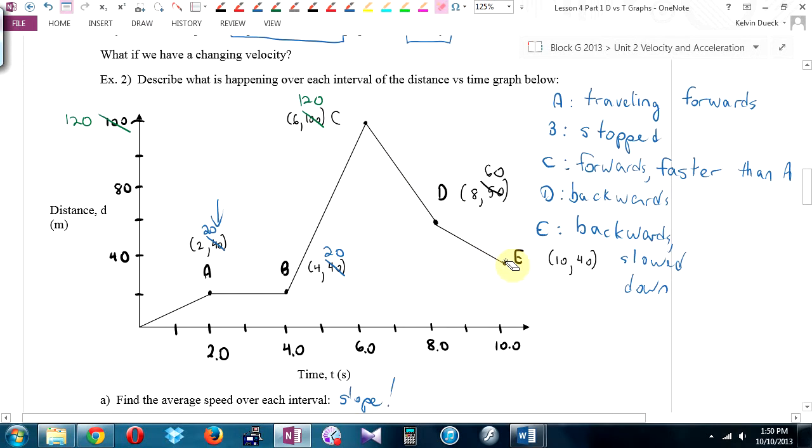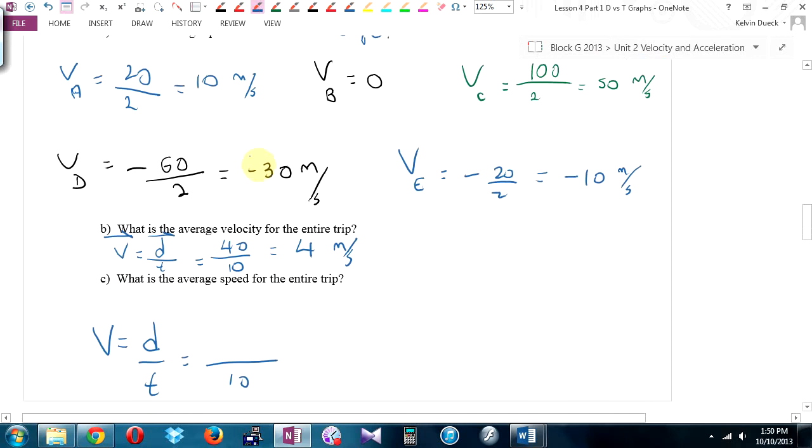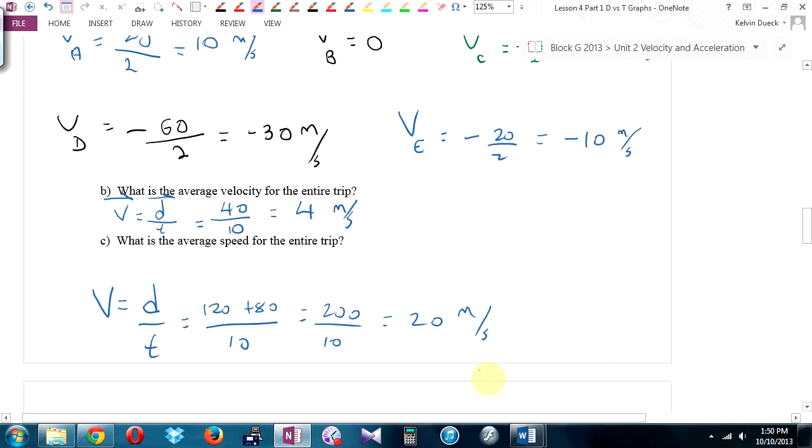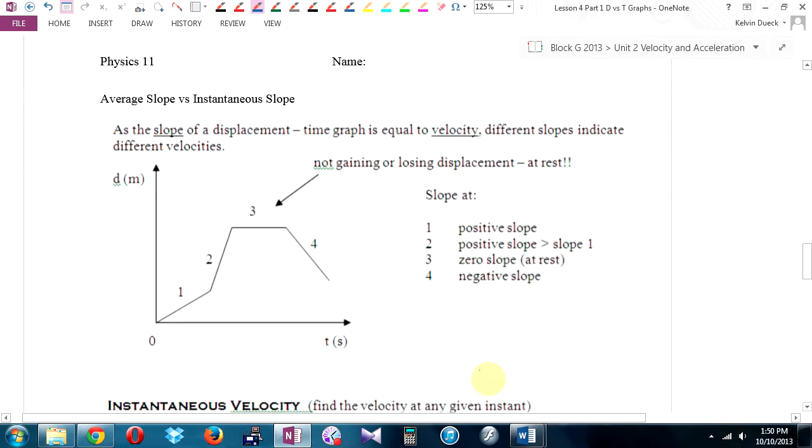I think 80 backwards, yes? The total distance that we traveled was 120 plus 80 is 200, divided by 10. Our average speed is 20 meters per second. Okay. Turn the page.